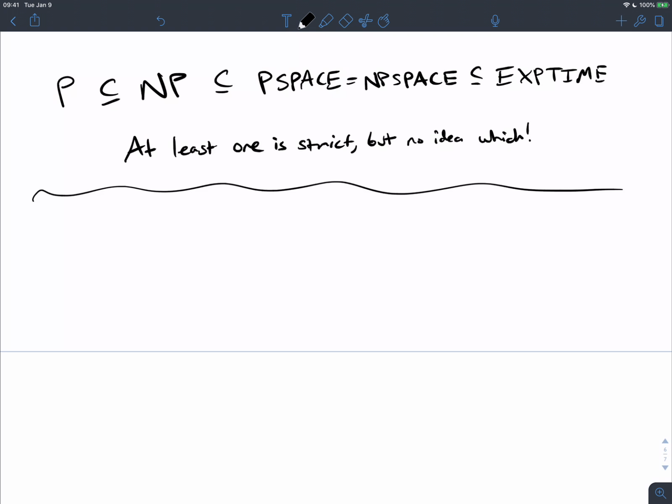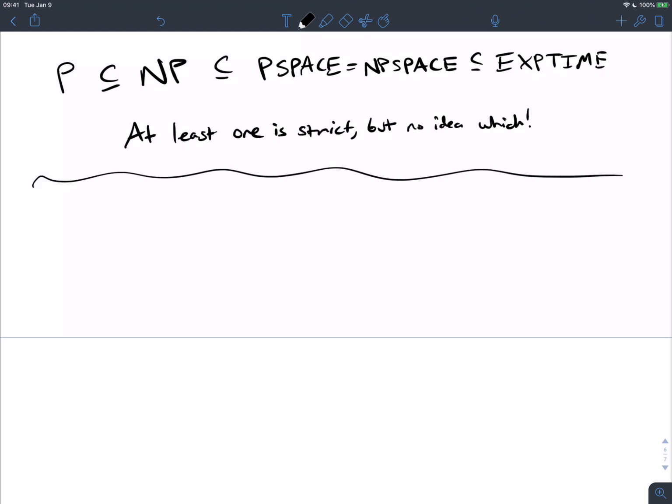But of course, as we all know, things may not be what they seem on the surface. So what some people a long time ago thought, well, what if P actually does equal NP? That might be a question that you may want to ponder. What if P actually does equal NP?